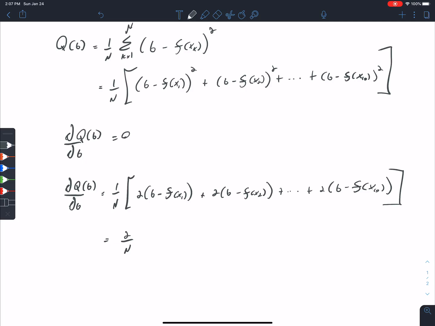And what do we have here in the middle? We have a sum from k equals 1 through n, 10 or n, of these terms here, which is b minus f of xk.